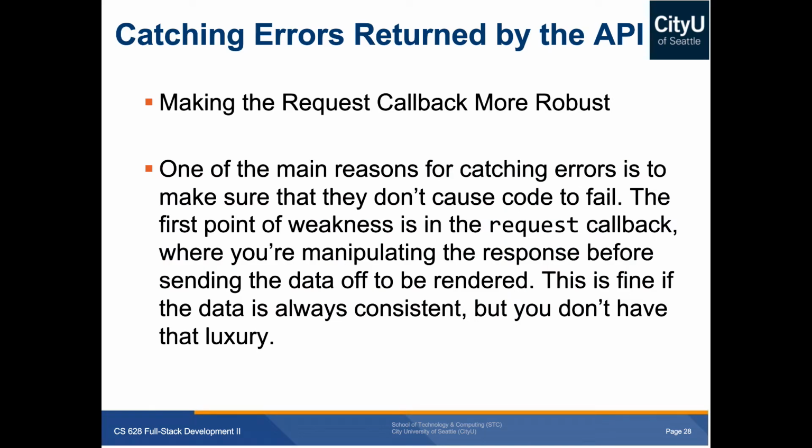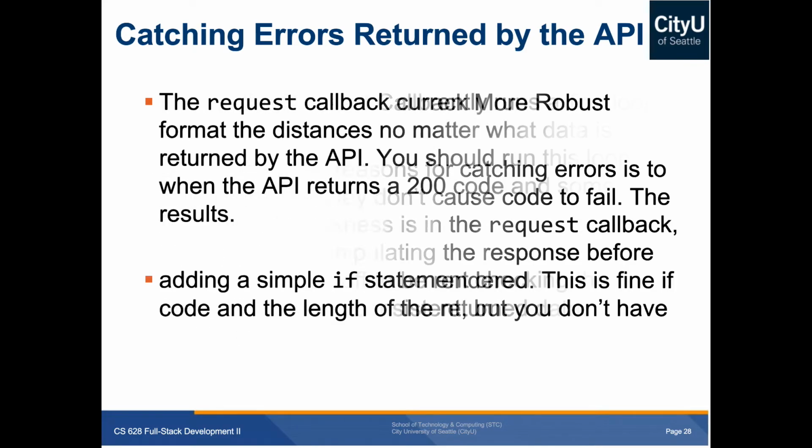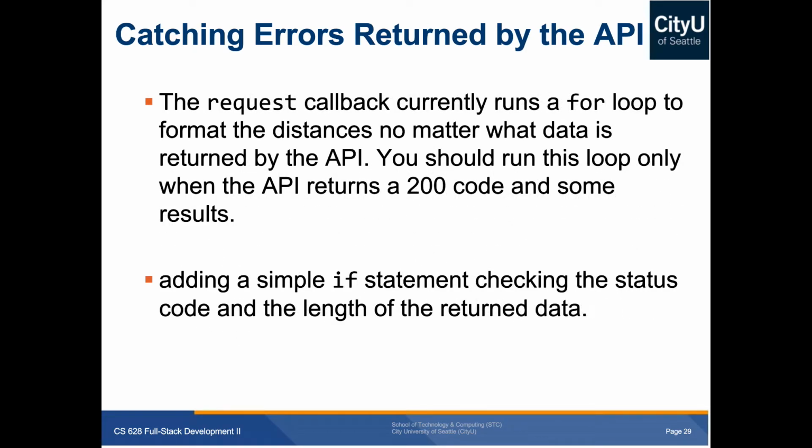Making the request callback more robust. One of the main reasons for catching errors is to make sure they don't cause code to fail. The first point of weakness is in the request callback, where you're manipulating the response before sending the data off to be rendered. This is fine if data is always consistent, but you don't have that luxury, right? The request callback currently runs a for loop to format the distance.